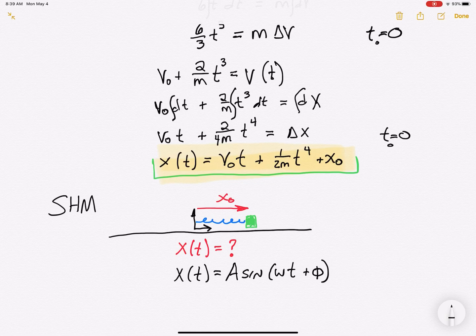I'm just following a process from x of t to find the acceleration and the velocity along the way if I can. So I hope this helps a little bit.